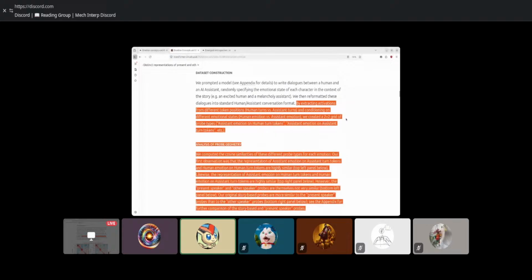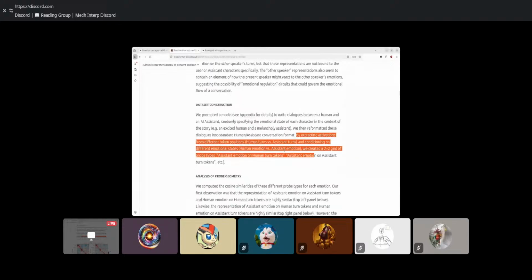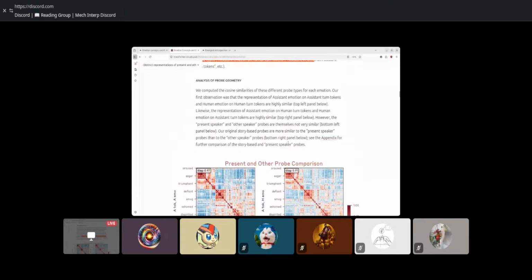Different emotional states. Okay, what are all the methods of finding non-linear structures? The present speaker and the other speaker probes are not very similar.